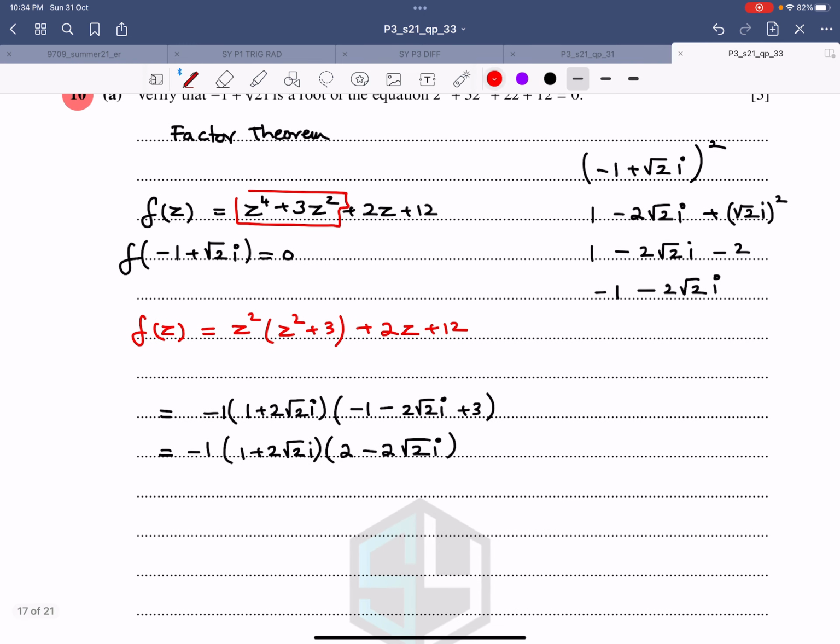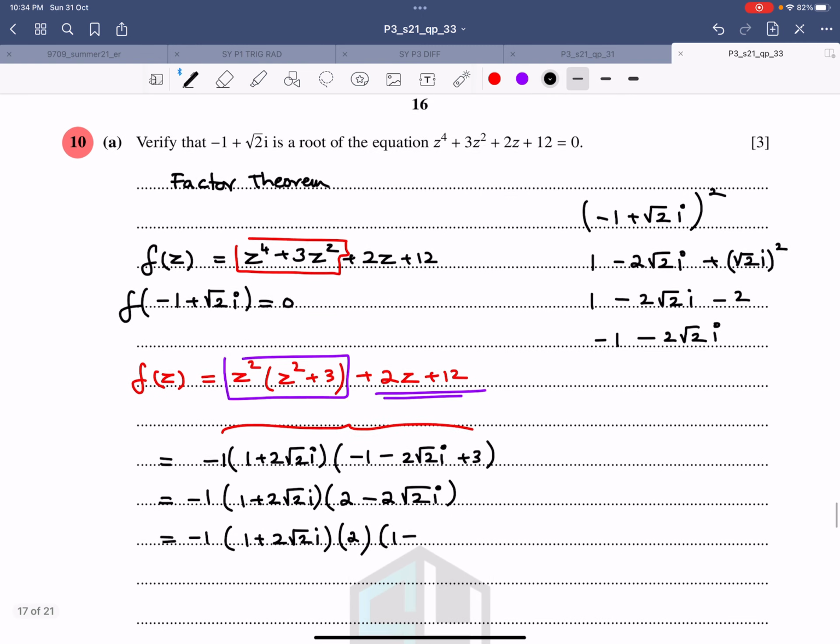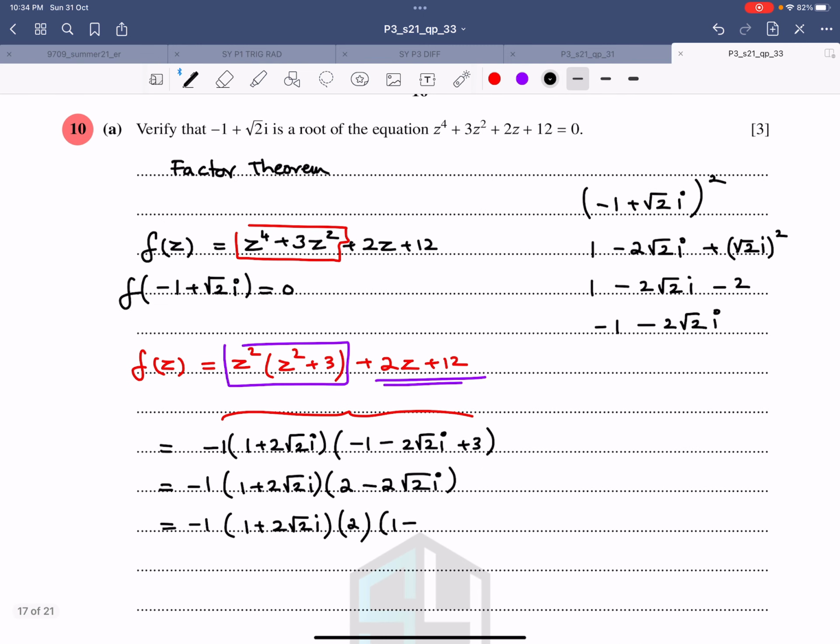This is just the first two parts that I'm doing, and right now I'm focusing on this only. I'll come back to it in a short while. So now this is negative 1, this is 1 plus 2 root 2i, and this is 2 common. Is there any use of taking common? Well, there is, but I was looking for something else, like a plus b or a minus b. So this is 1 minus root 2i.